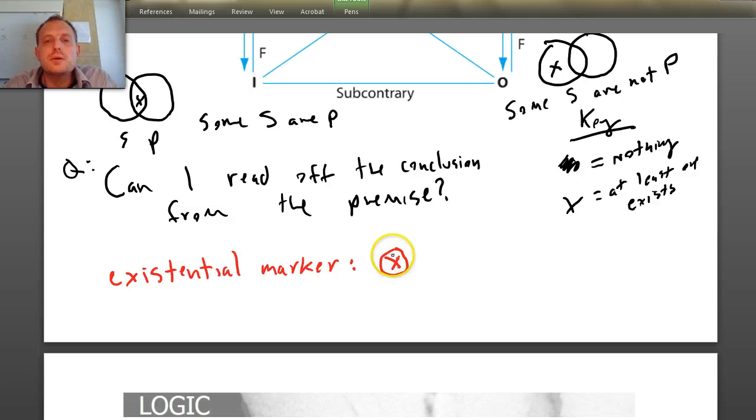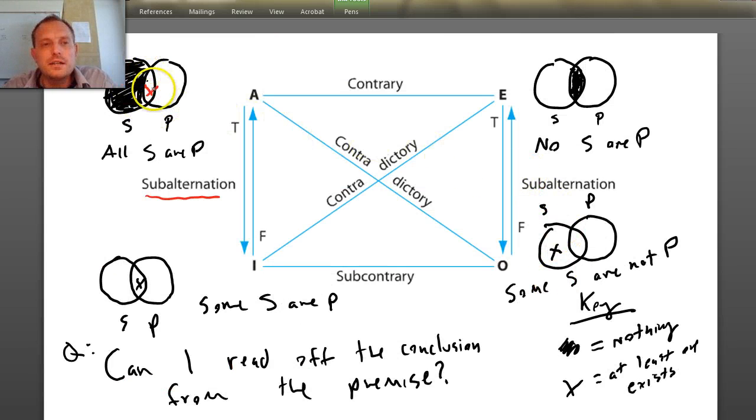But the existential marker with the X with a circle, it's only going to be located up here at the top. And it's going to go in the middle. And then this one's going to go here. Okay? Because now if we look at these Venn diagrams, this truth relation, you can read this from this. So if this is true, you can read this. And if this is true, you can read this. Truth does flow downward. You can read the Venn diagrams.